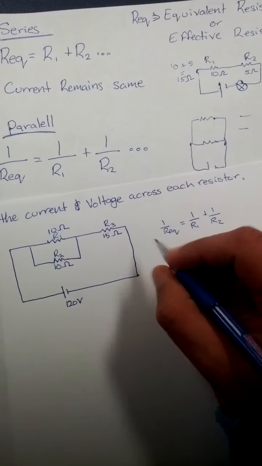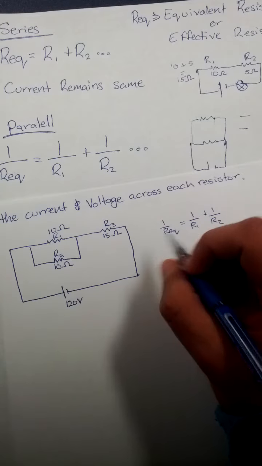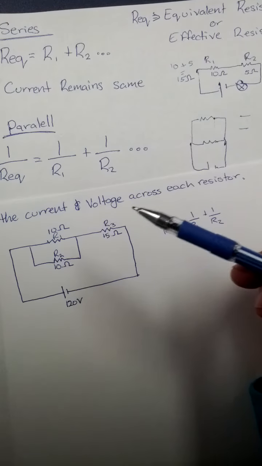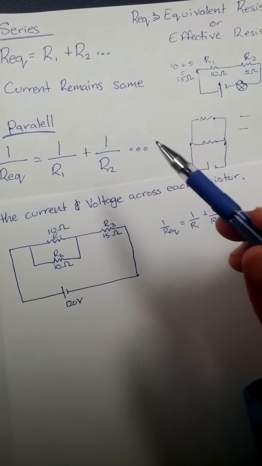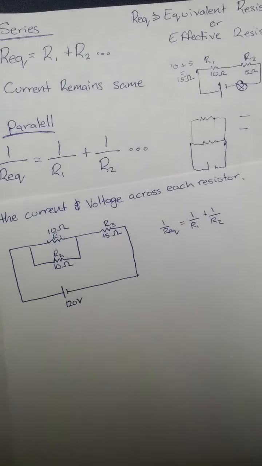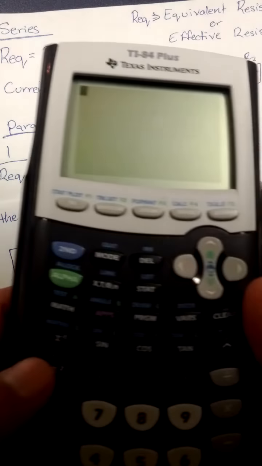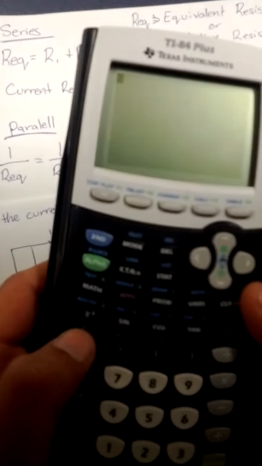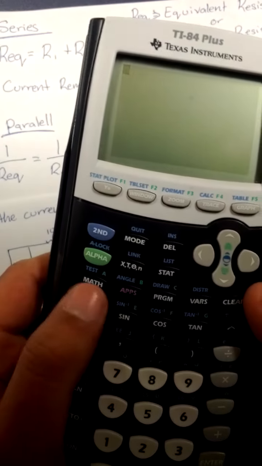R1 is 10 ohms, as you can see here, and R2 is 10 ohms. So instead of doing that, if you don't know what the inverse function is, it's this button right here. It might be different on different calculators, but for my calculator, it's this button, x minus 1.